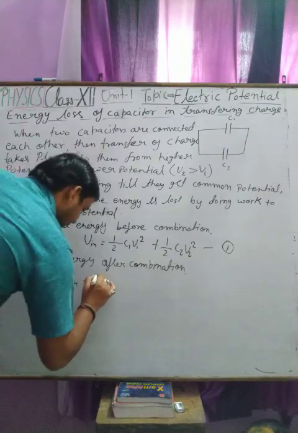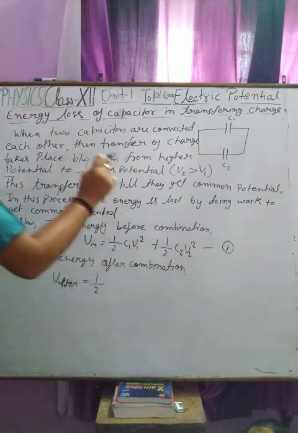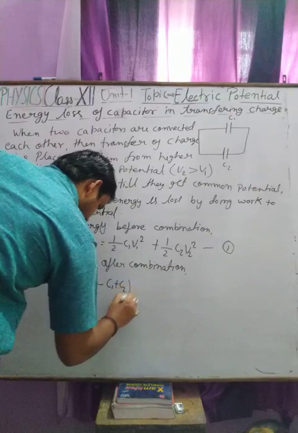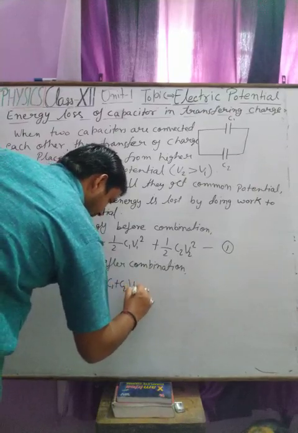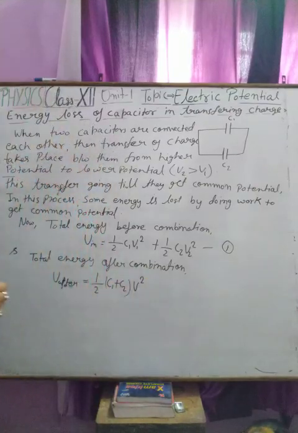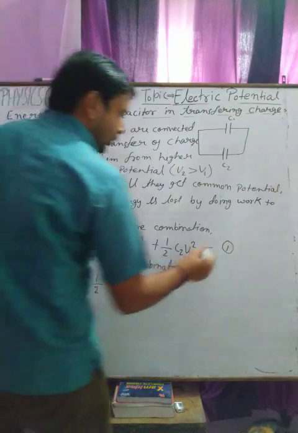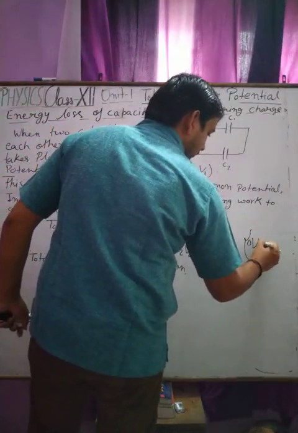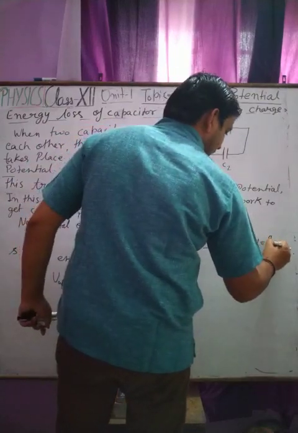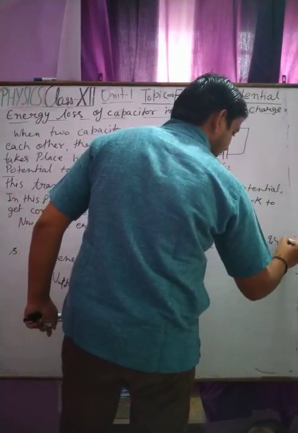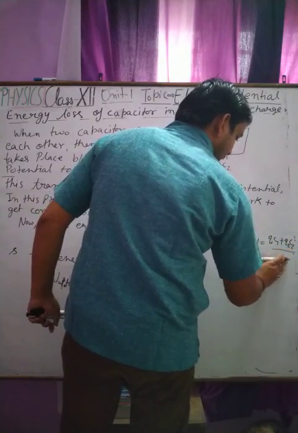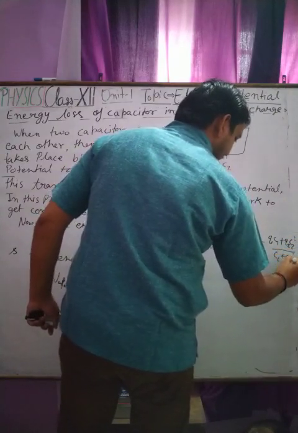It is half C1 plus C2 times the common potential V square. And student, we have the value of common potential, V is equal to C1 V1 plus C2 V2 upon C1 plus C2.